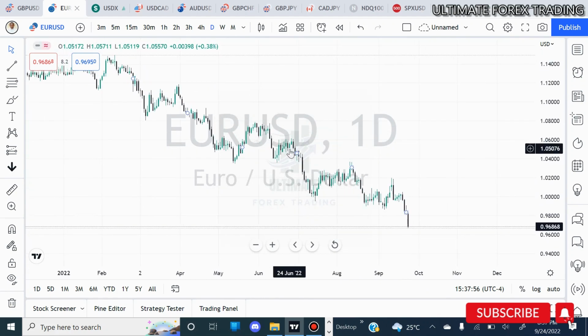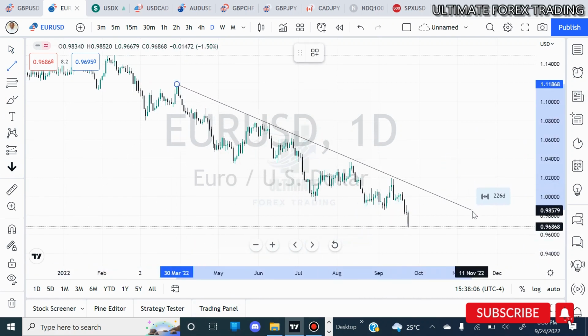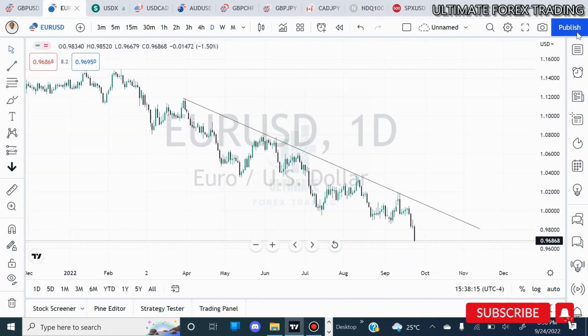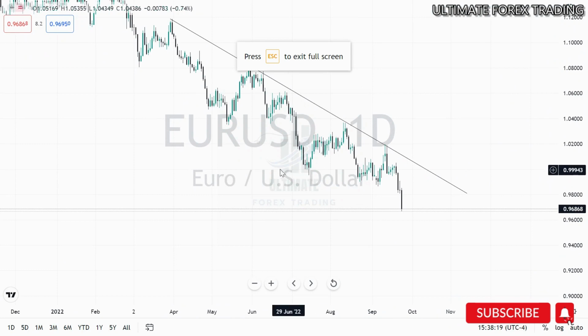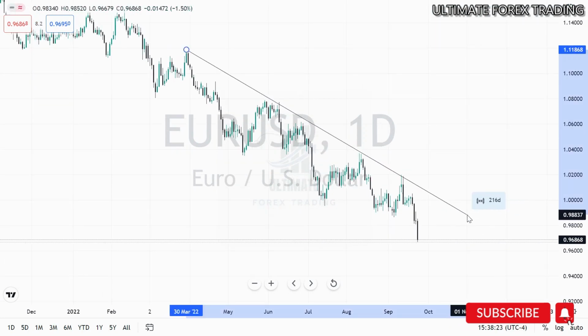As you can see, I like to start my analysis on the daily time frame. Smart money trader. I drew this trend line to just make sure that we are bearish, right?